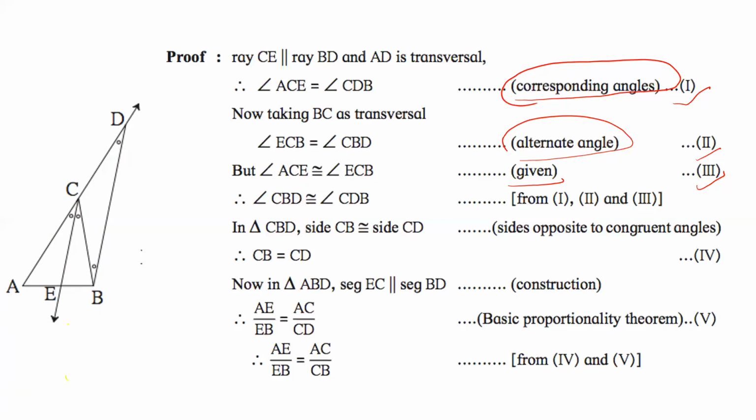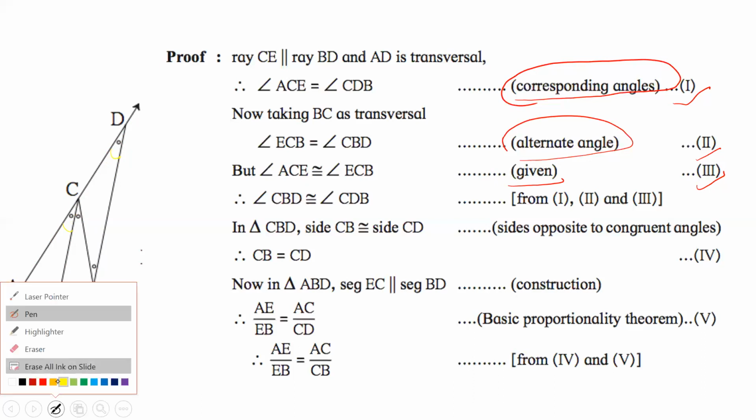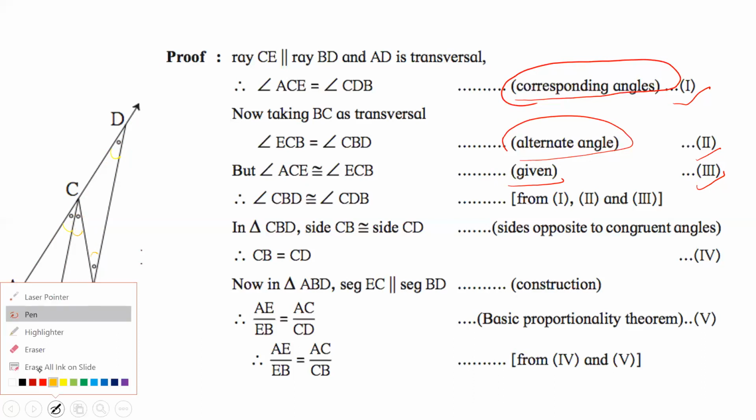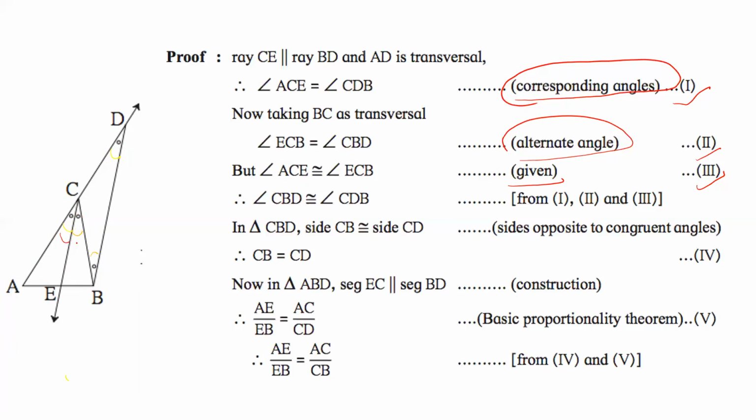We got this angle and this angle equal by corresponding angles. We then got this angle and this angle equal by alternate angles. We already know that this and this are equal, and we can therefore conclude that this and this become equal.